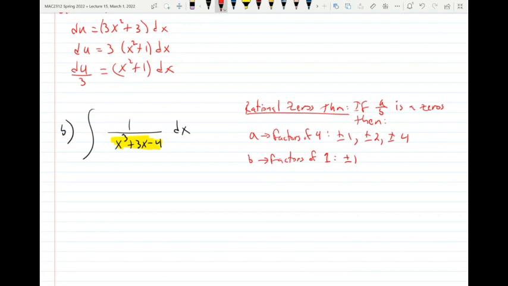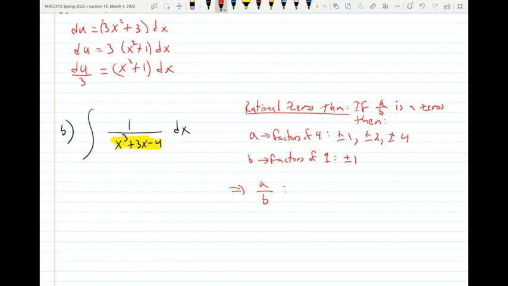So all possible rational zeros, if there is a rational zero, will come from this list, and then you just make fractions where the factors of a go on top and the factors of b go in the bottom. I'm going to write the full list now.